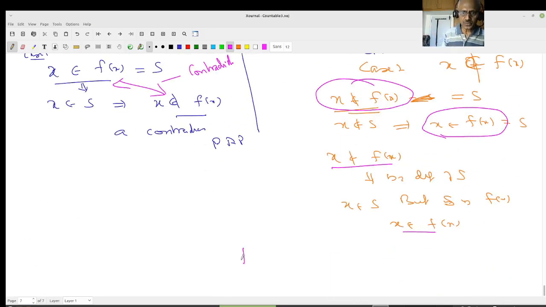Go through the proof, enjoy. In fact after that you should close the video and try to see. If x is in f(x), that means x is in S, but if x has to be in S, the condition is x is not in f(x), a contradiction.